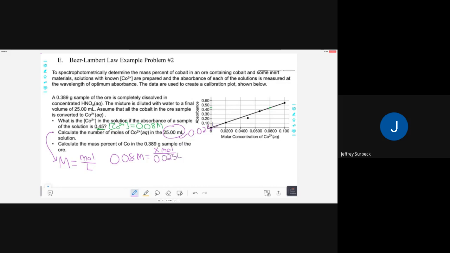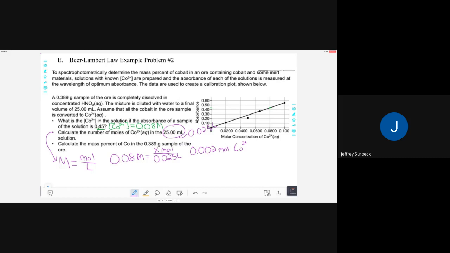So all we got to do on this one is take our calculators and go 0.08 times 0.025, and I get a value in moles of 0.002 moles of our cobalt 2 plus. Okay. Questions on that before we go to that last bullet there?